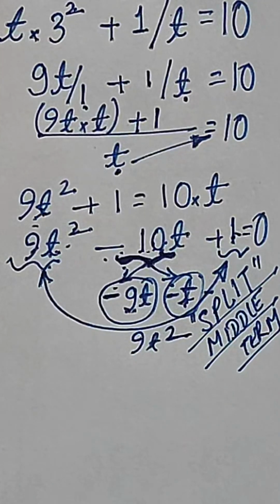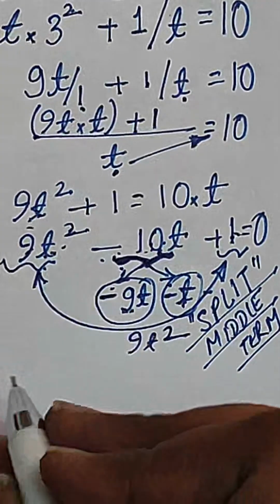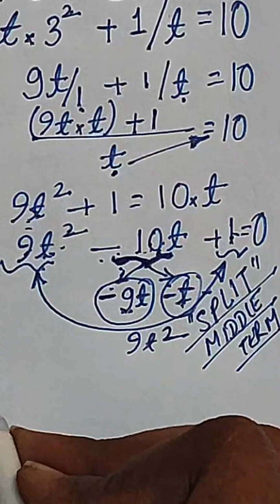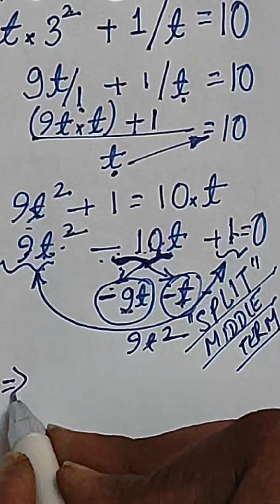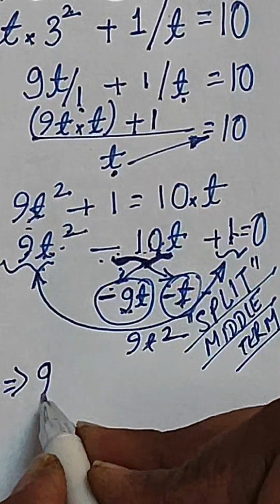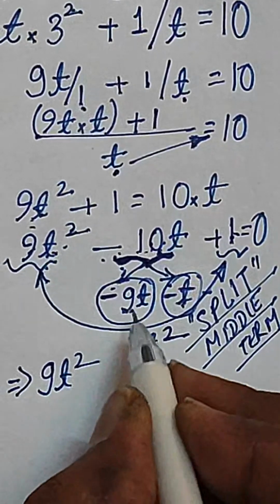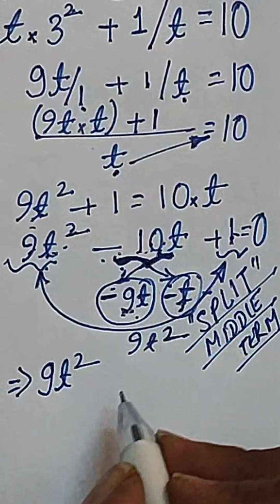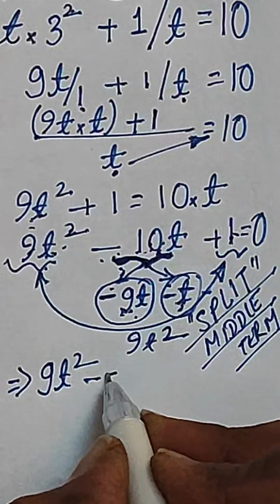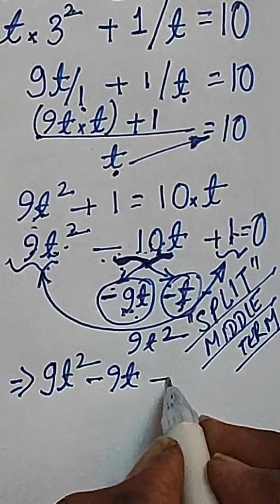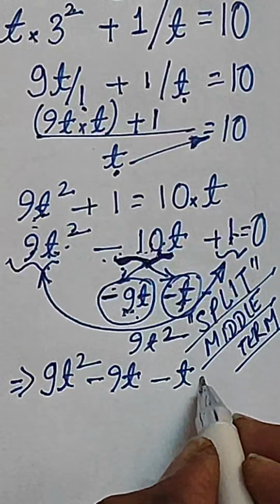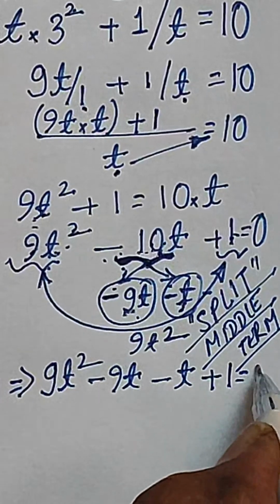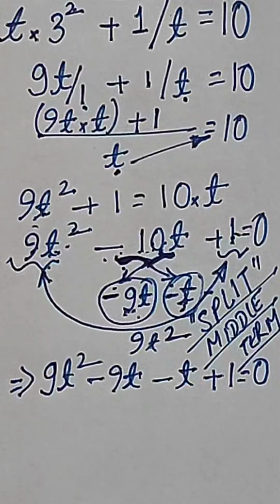Now from here we can simply write that the above quadratic equation can be written as 9t square, as we split it, minus 9t minus t plus 1 is equal to 0, right?